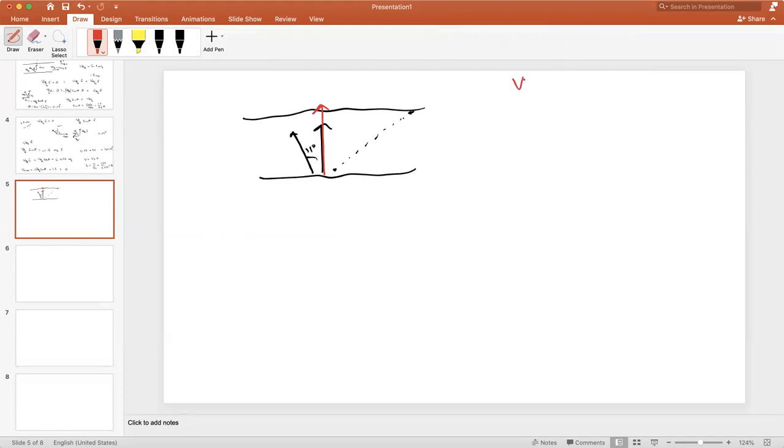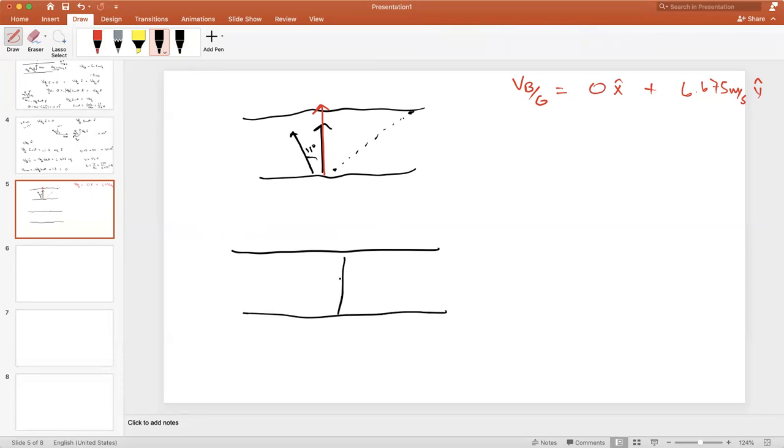So our velocity of the boat versus the ground is 0 in the x-hat plus 6.675 meters per second in the y-hat, okay? So we have to aim at just 11 degrees to do that. So in order to get across the river, basically, and hit this point that's here.